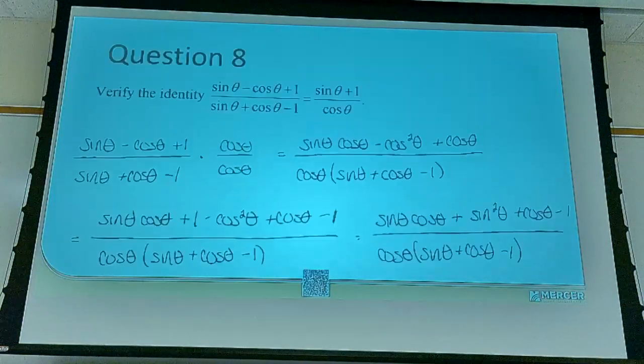I'm also going to rewrite that, sine squared theta out in front, plus the sine theta cosine theta. That's where I'm going to add my 0.